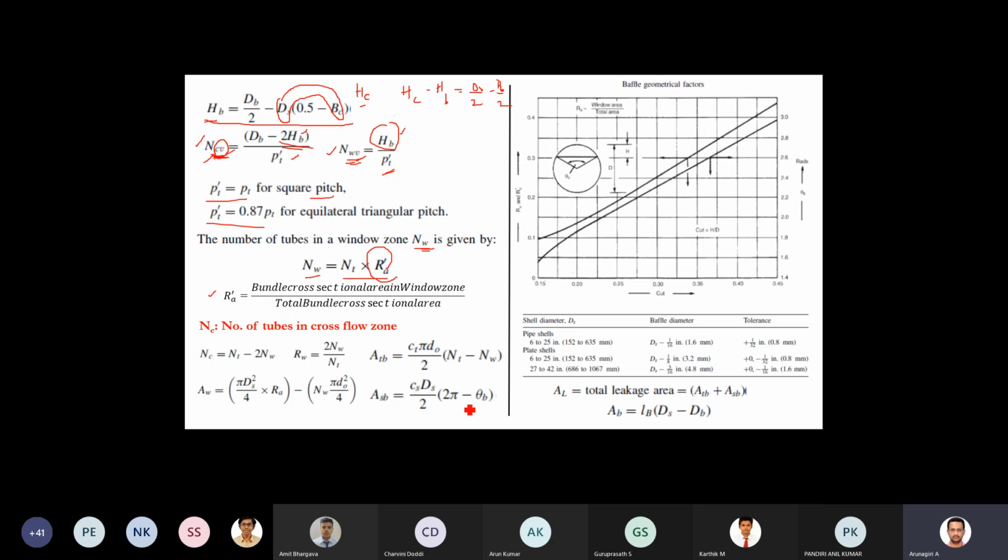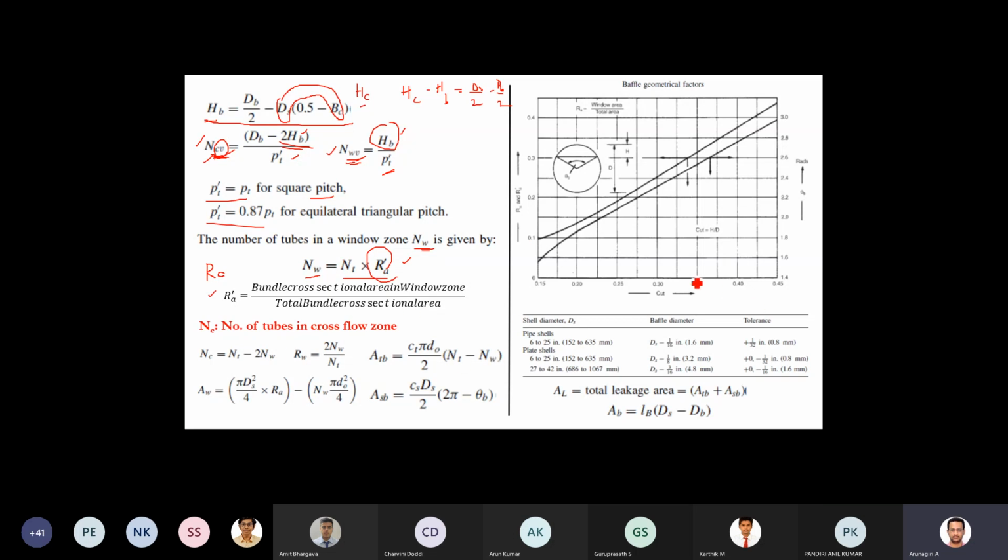We have two different terms, RA dash and RA, and they are not the same. RA dash is normally used for heat transfer coefficient estimation, and it is based on bundle cut. RA is used to calculate the pressure drop, using the baffle cut.